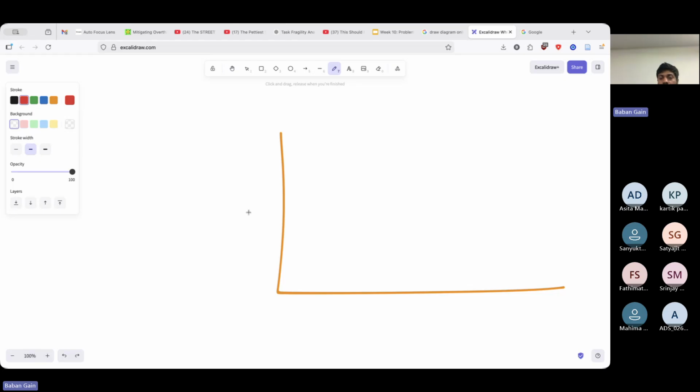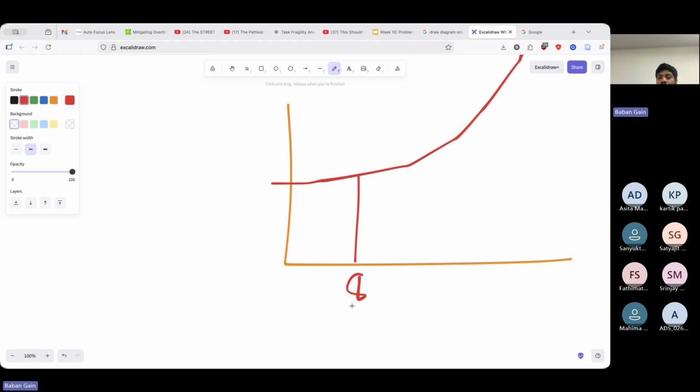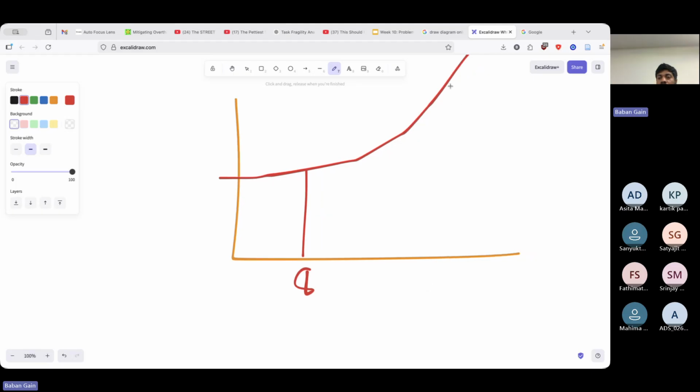It is accelerating, so speed is increasing with time. Assume this is t equal to 8 and this is t equal to 30.